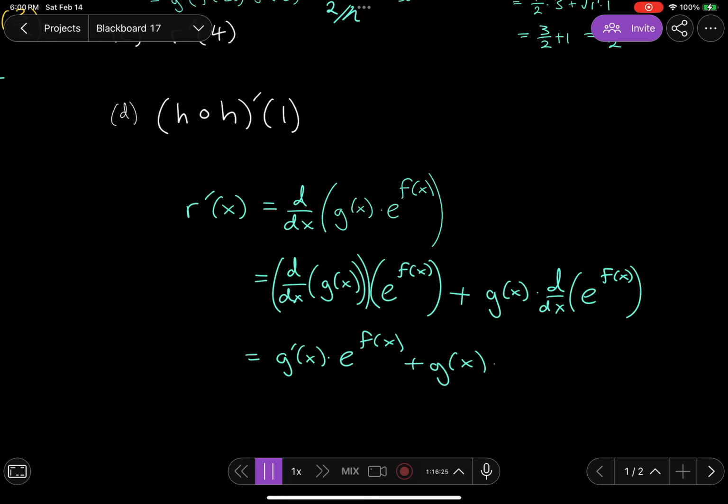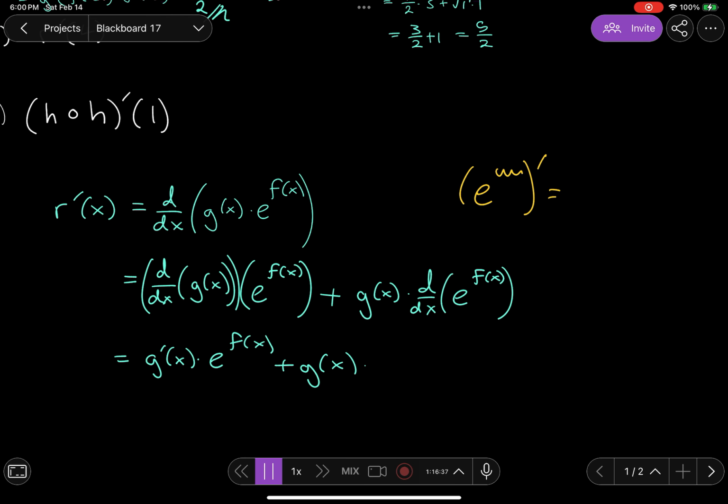But look at this, guys. We have the chain rule that we have to apply. I have that outside function of e to the power of something. What I know is the derivative of e to the something is equal to e to that thing. So the outside function derivative is going to be e to the f of x. But then, of course, I have to multiply by the derivative of the inside function.